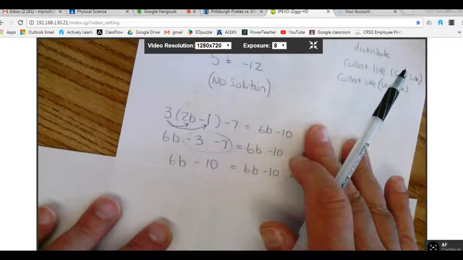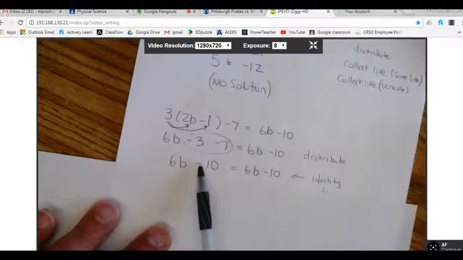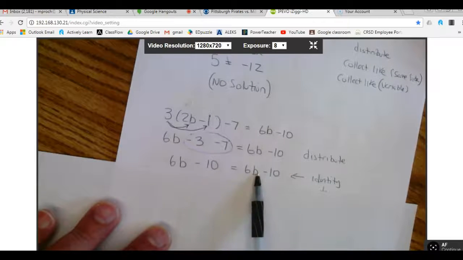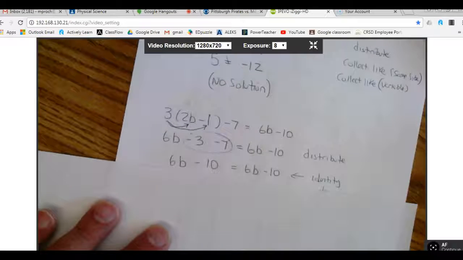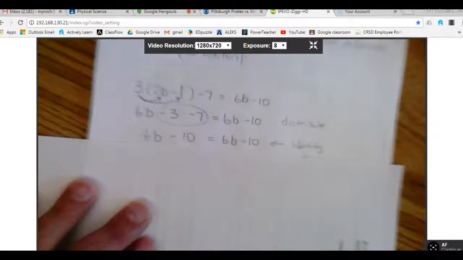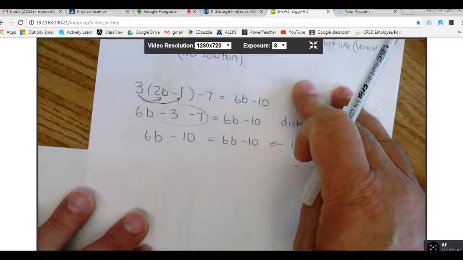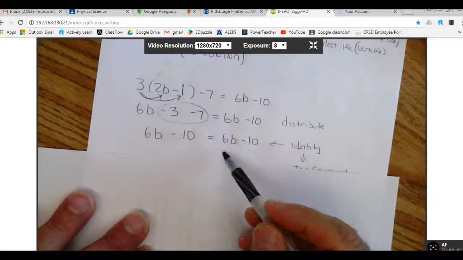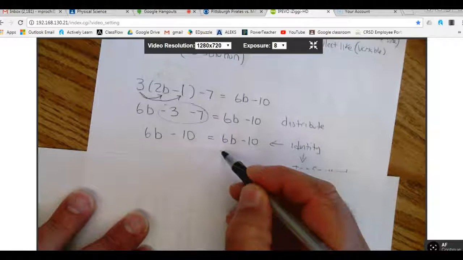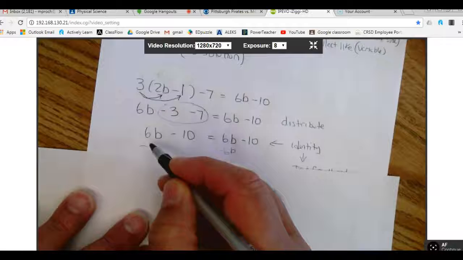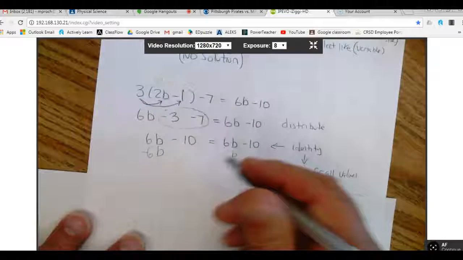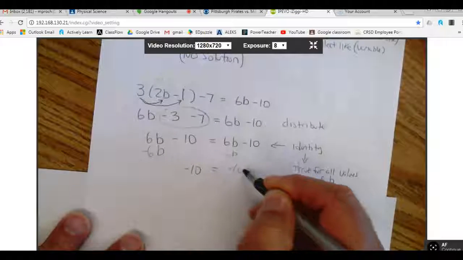And look what happens. It's 6b minus 10 equals 6b minus 10. You see that? Those are exactly the same. So then, if we tried to get the variables on one side, if we did minus 6b on both sides, we would have minus 10 equals minus 10.